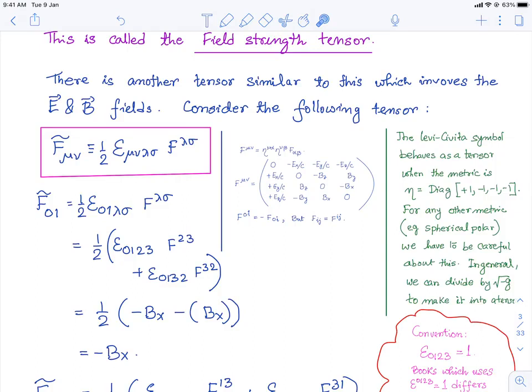Because of the presence of this Levi-Civita tensor, this has different transformation properties under discrete transformations, like t going to minus t, compared to what the field strength has. So that's the point you may want to keep noted.